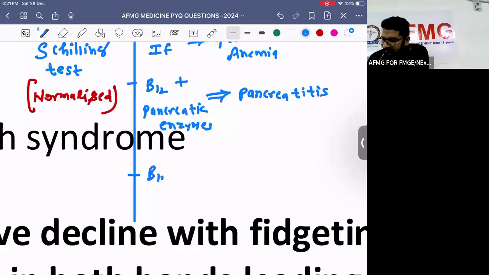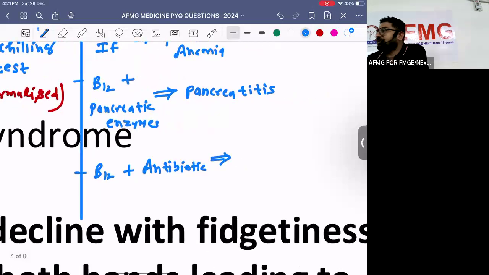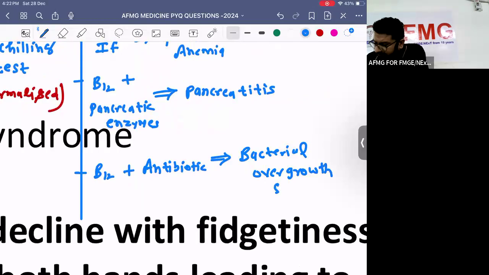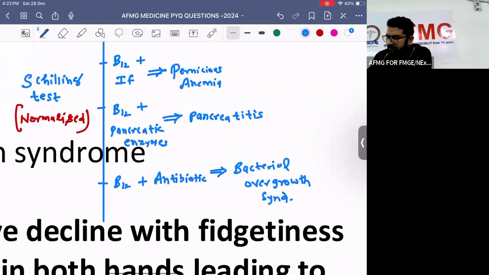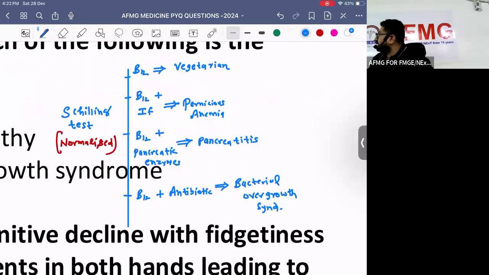Lastly, you will give B12, and with B12 we give a short course of antibiotic for 5 to 7 days. If he got better after antibiotics, it means there was some growth of bacteria. That is called bacterial overgrowth syndrome. So this is how we perform the Schilling test, and these are the four alternatives of the MCQ that they can ask you. Is it clear?